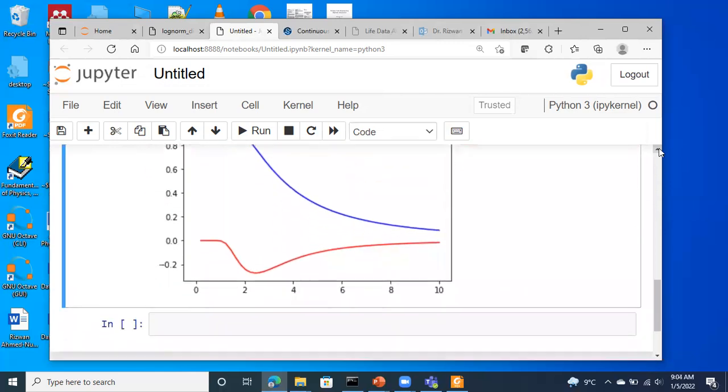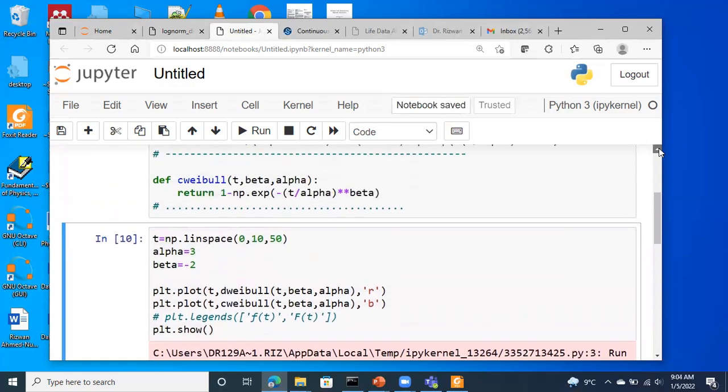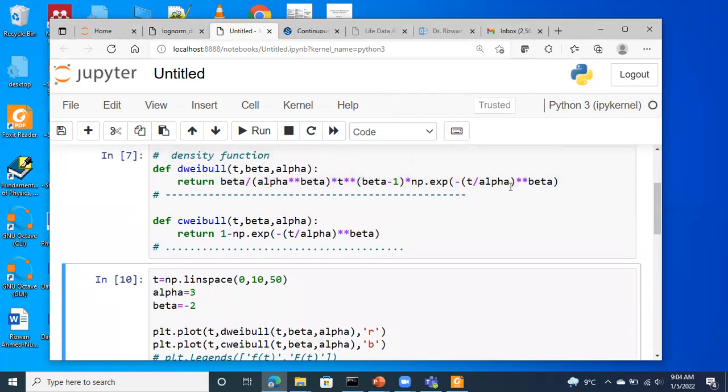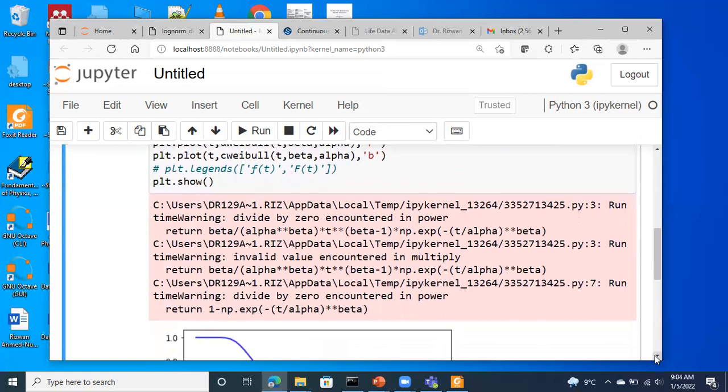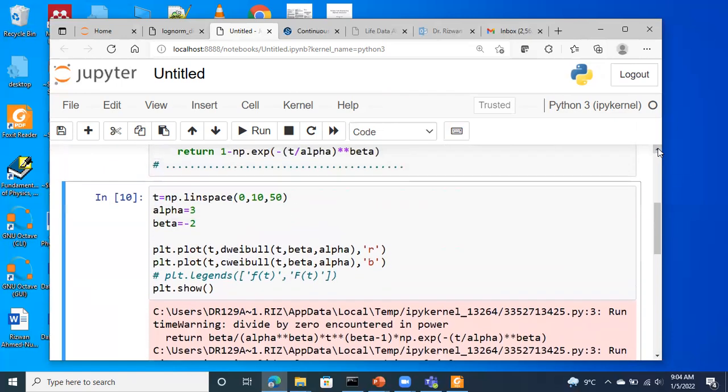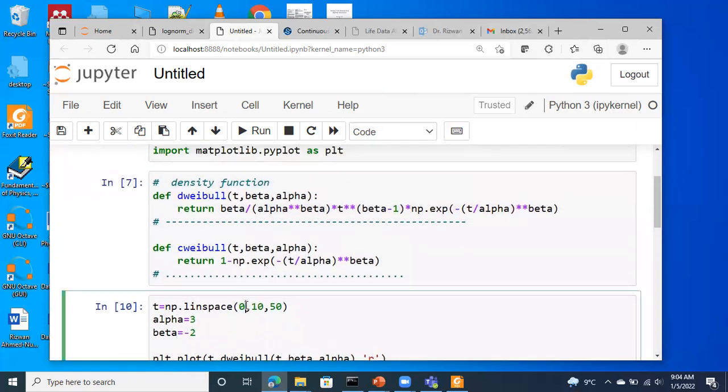So you have the shape parameter. I have only changed the values of beta, right? Okay, so there is a division by 0. Some warning has appeared. Maybe it is not very nicely defined at t equal to 0. No, it is not really a big problem. Okay.